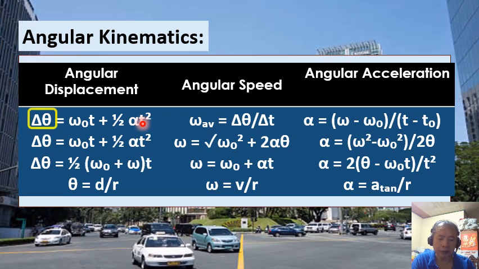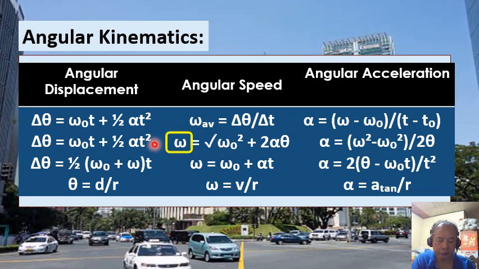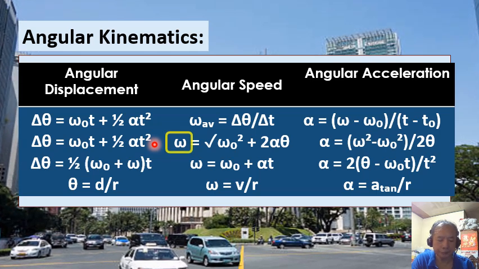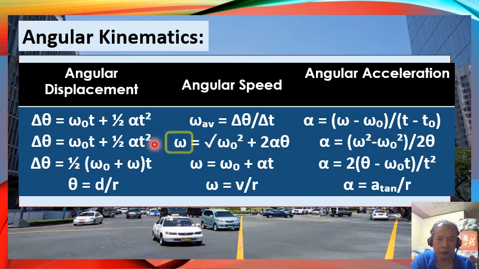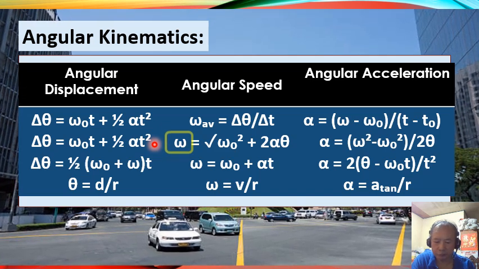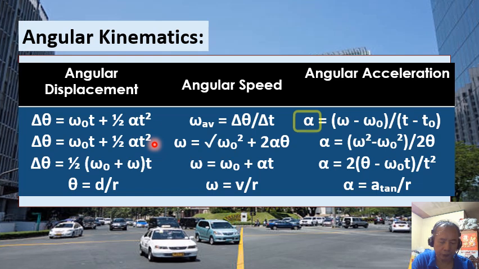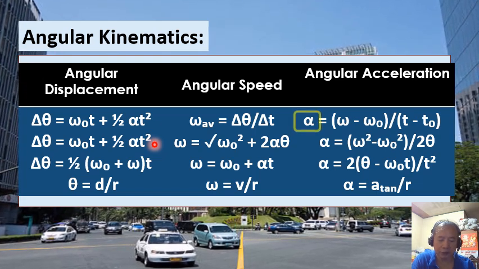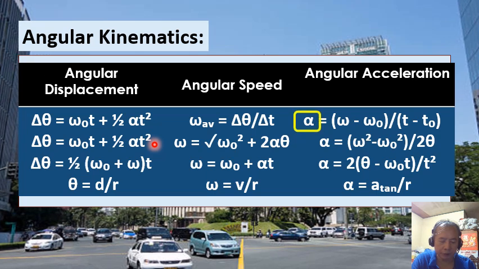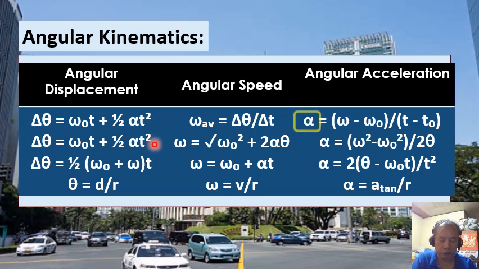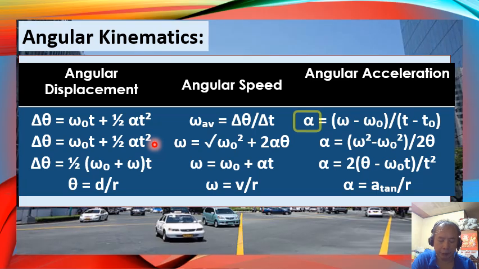Next is the angular speed, denoted as omega, and the third quantity is angular acceleration, denoted by alpha. Each of these angular quantities can be computed using different equations or formulas depending on what quantities are given in the problem.